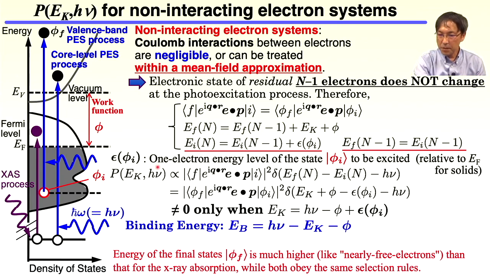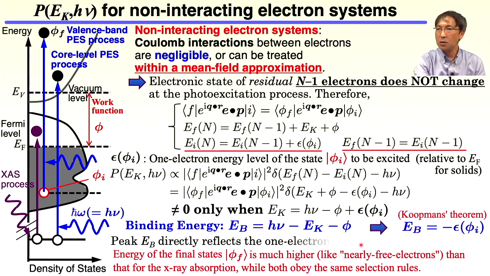Here, epsilon phi I stands for the one-electron energy level of the state phi I. When we compare these two formulas concerning the photoelectron kinetic energy and binding energy, we notice that the electron binding energy is the minus of the one-electron energy level to be excited, epsilon phi I. This relation is called Koopmans' theorem.